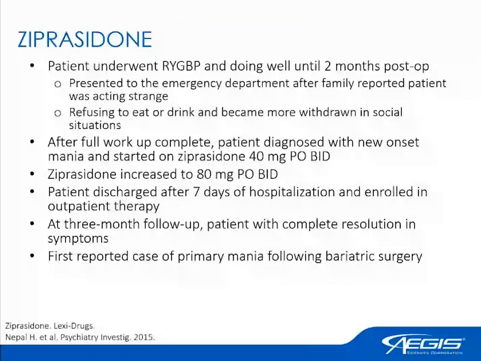So, patient underwent a Roux-en-Y gastric bypass, 2 months post-op presented to the emergency department, decompensated. They did a full workup and started ziprasidone, and then eventually stabilized the patient on 80 milligrams orally BID, so twice daily. With the Latuda, the impacts were dramatically different.